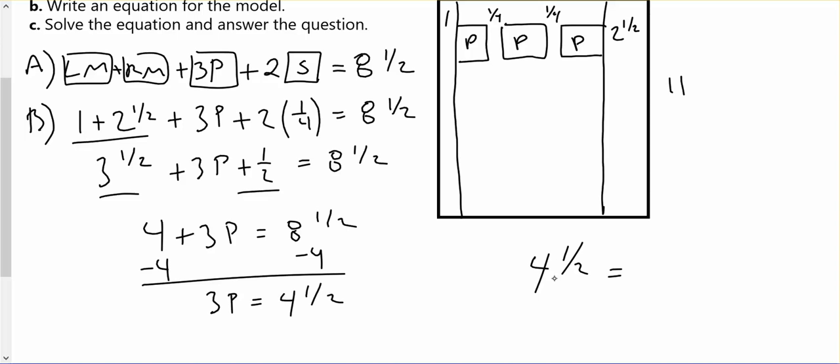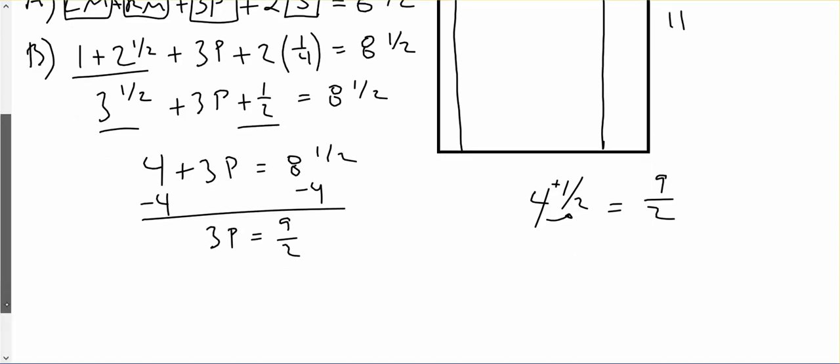We multiply our whole number times our denominator and then add the numerator. So 4 times 2 makes 8, plus 1 is 9, so that's 9/2. 4.5 is the same as 9/2. We can check that. What's half of 9? 4.5. So I'm going to rewrite this in here as 9/2.